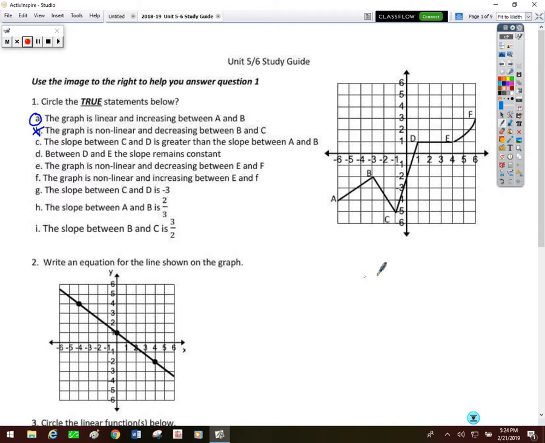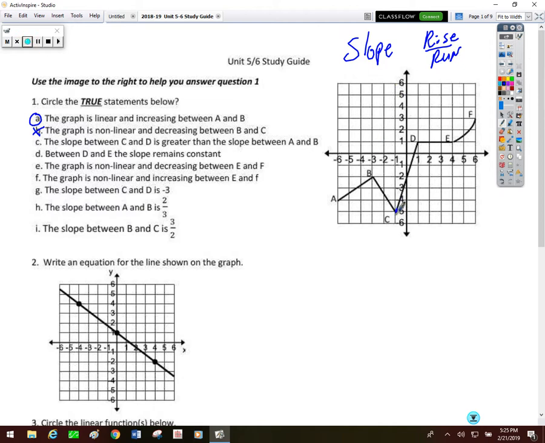Okay, the slope between C and D is greater than the slope between A and B. Well, here's C and D, here's A and B. By visual check, this line is closer to vertical. It has a steeper slope, so it looks to me like it is a greater slope, but let's check it anyway. Remember, slope is a ratio of the rise to the run, the simplified ratio of rise to run of these dots.